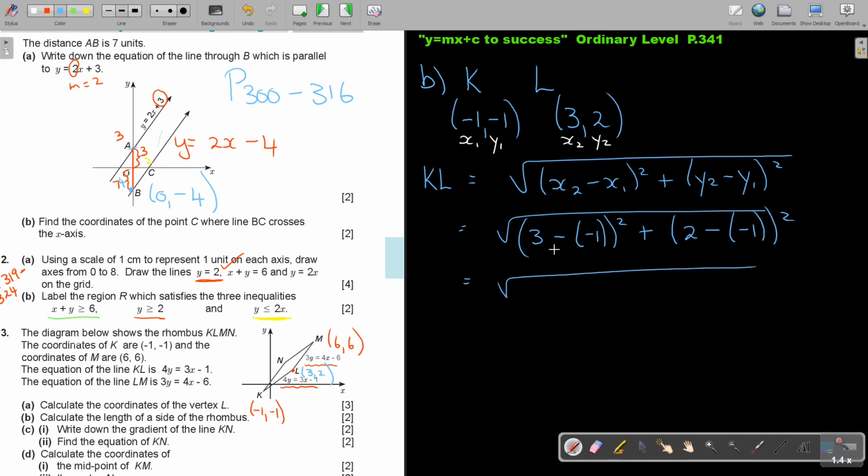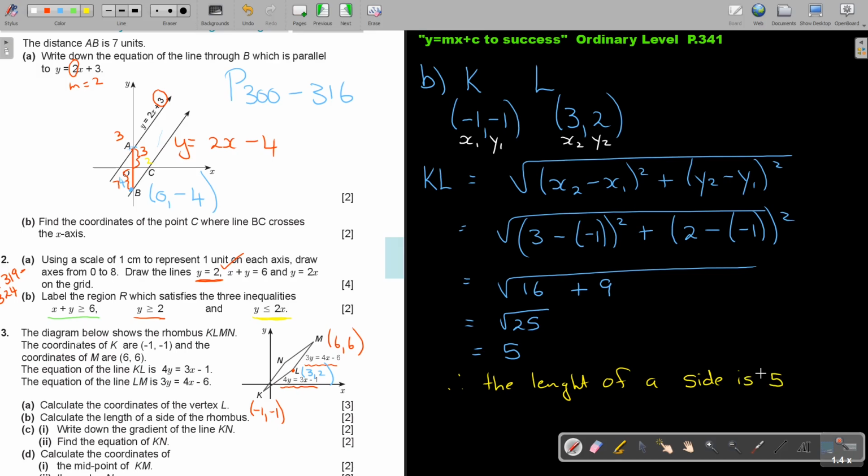And that is going to be 3 plus 1, so 4 squared, which is 16. And this is 3 squared, which is 9. That's so nice. And that's 25, and the square root of 25 is 5. So therefore, the length of a side is 5.